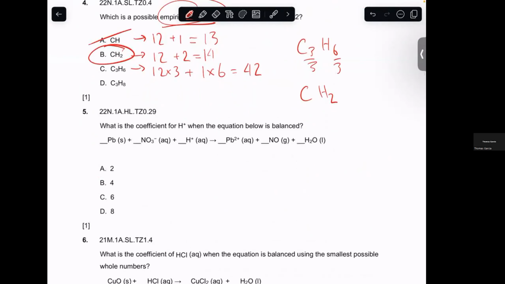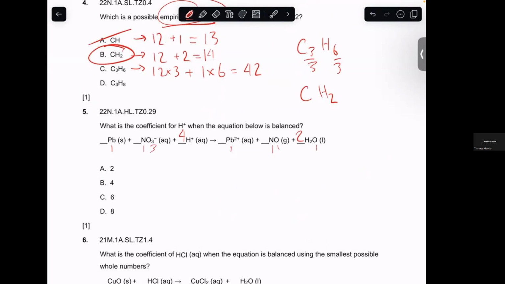What is the coefficient for H plus when the equation below is balanced? Now, normally when you do this problem, you just try and balance it as quickly as possible. 1 lead, 1 lead, 1 nitrogen, 1 nitrogen, 3 oxygens, 1 oxygen plus 1 oxygen, not enough. So maybe you'll put a 2 here, and we'll put a 4 here. And our equation is balanced in terms of hydrogens, oxygens, leads, and nitrogens.